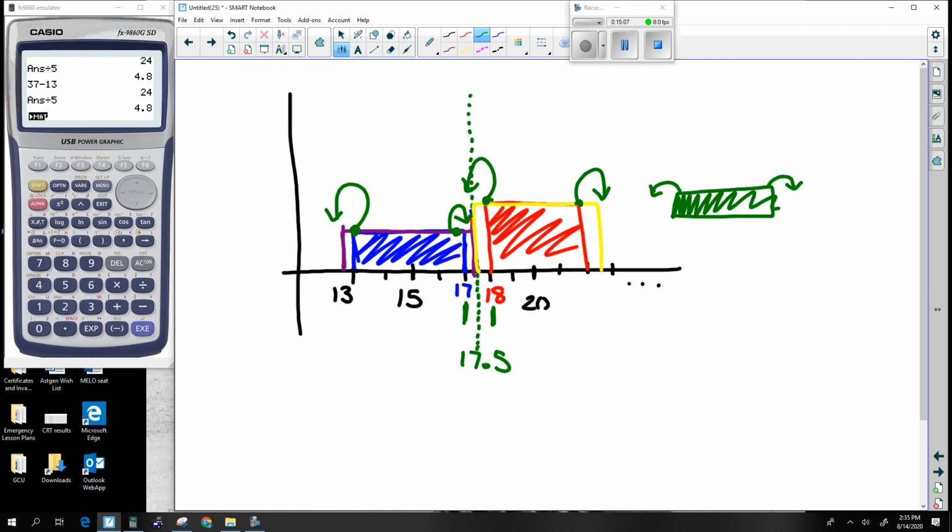That's all we're doing. And that is what the boundaries are. So if this boundary was at 13 and ended at 17, where it's actually going to start is at 12.5, and it's going to end at 17.5. It gets a little bit lower and a little bit higher. So the lows get lower and the highs get higher.